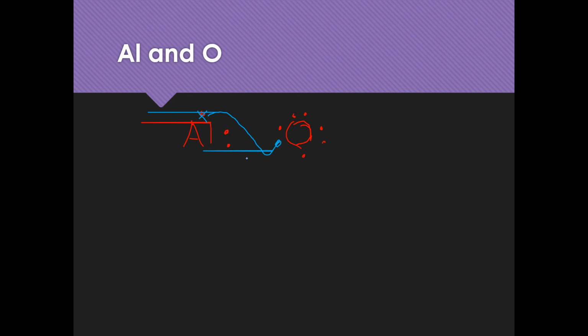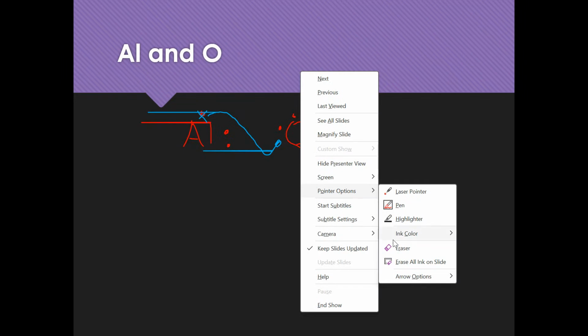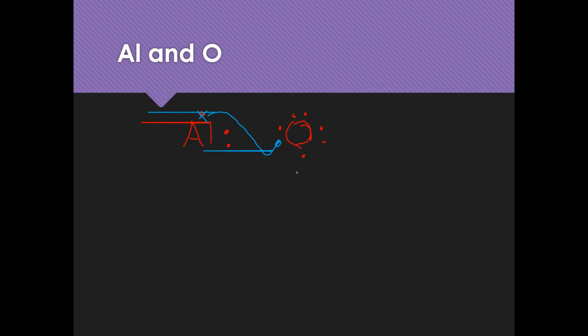But here's what happens. Oxygen will make another oxygen. So we get another oxygen with its 6 valence electrons. 1, 2, 3, 4, 5, 6.